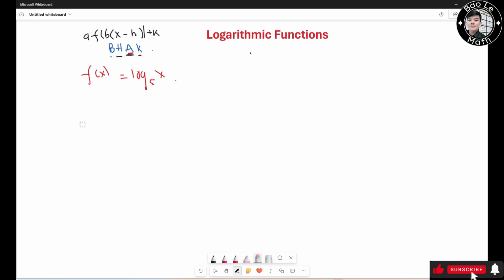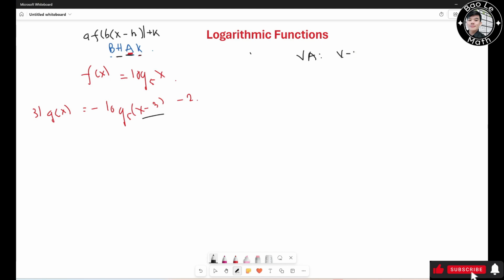Now let's move on to the last example. So for example, I have the function g of s is negative log base 5 of s minus 3, minus 2, right? So the first thing I need to do is to find the vertical asymptote. So for the vertical asymptote, I let this one equal to 0.